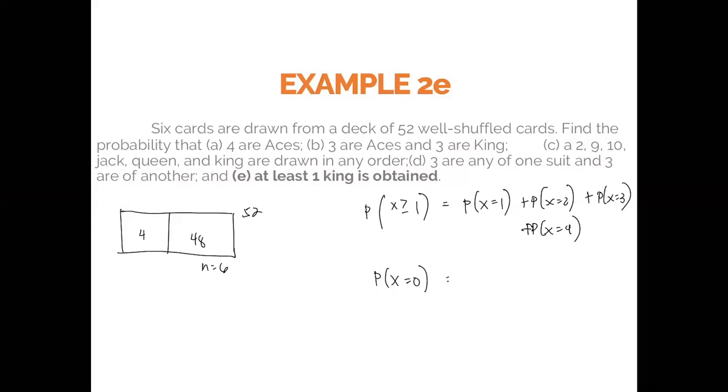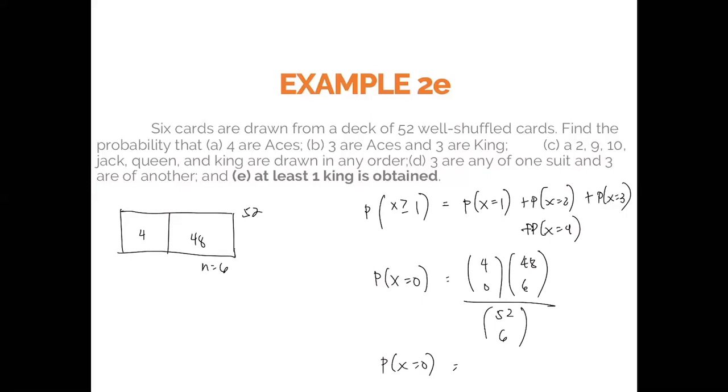Okay? So, dito, mula dun sa king, wala tayong kukunin. Tapos mula dun sa remaining cards, kukuha tayo ng 6. Okay? Over 52C6. Yung probability natin ngayon na walang king is equals to 4C0 multiplied by 48C6 divided by 52C6.